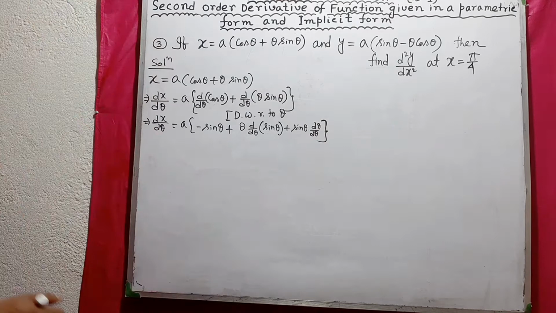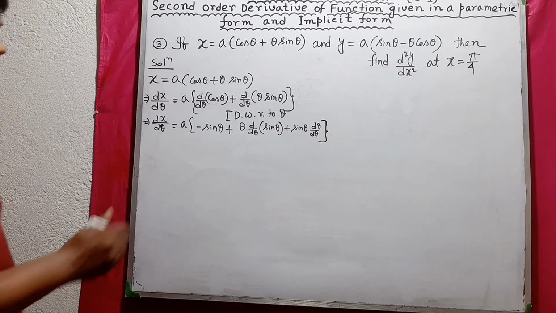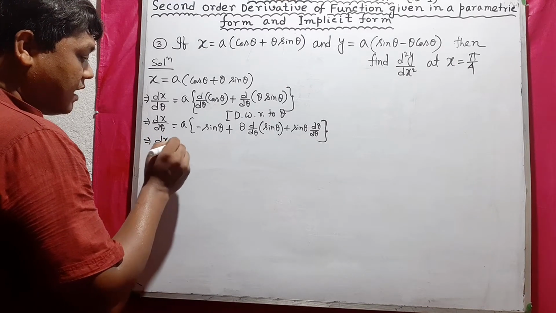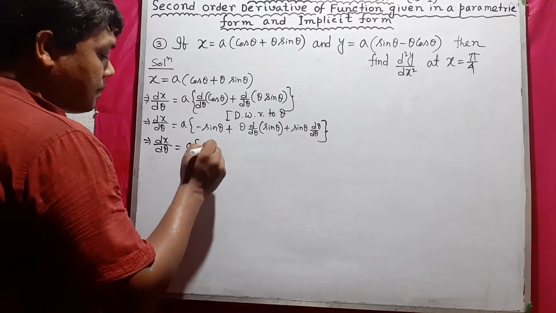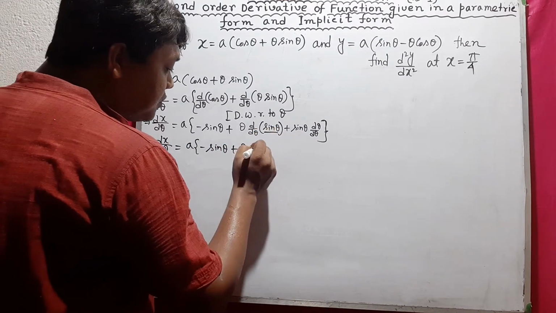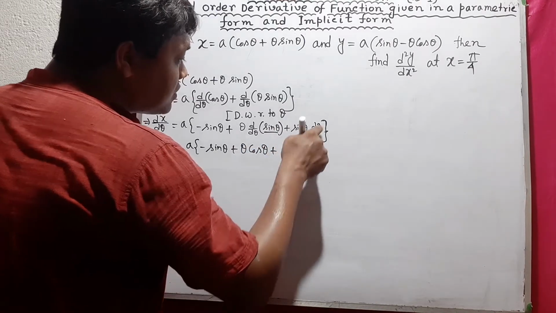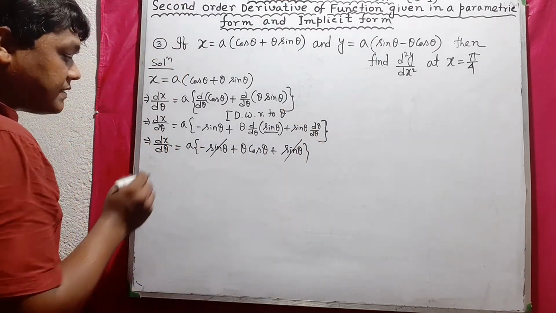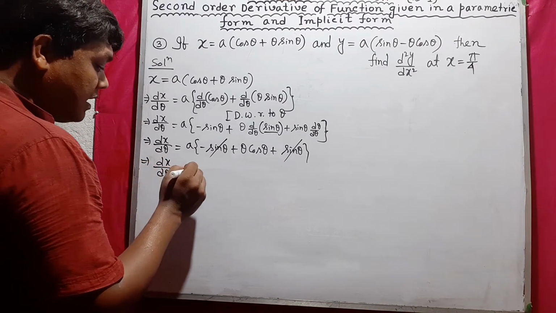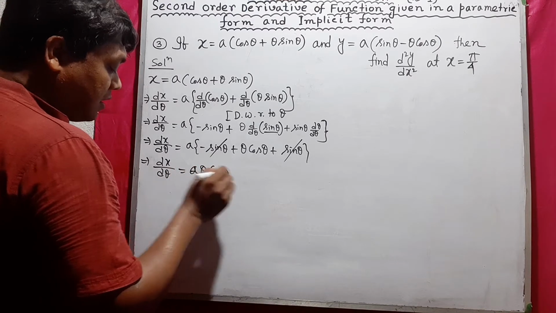I just used the uv rule: u into dv/dx plus v into du/dx. So dx/d theta equals a into (minus sine theta plus theta cosine theta plus sine theta), because this is 1, so sine theta cancelled. So we get dx/d theta equals a into theta cosine theta.